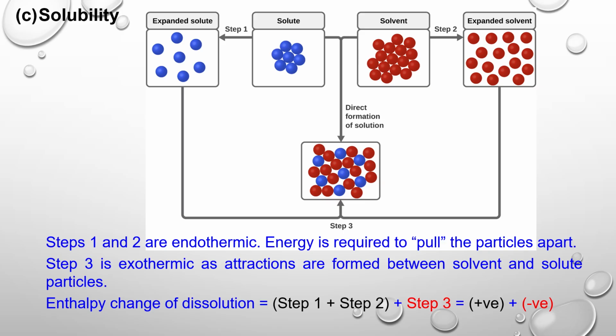Step 3 will be the one that is exothermic because attraction is being formed. So when the attraction is being formed between the solvent and the solute, overall you can have an enthalpy change of solution, whereby you add all the steps together and see whether it is positive or negative.